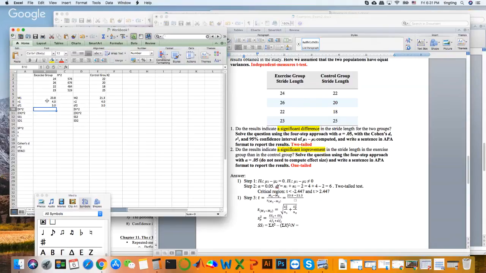Sigma x squared equals the sum of the squared scores. And then sigma x, and its square, is equal to the sum of the scores times itself.